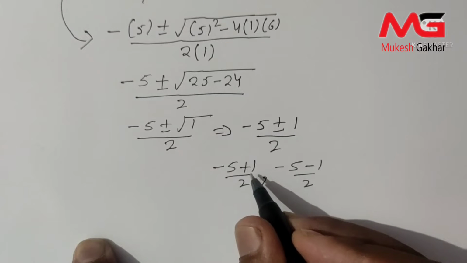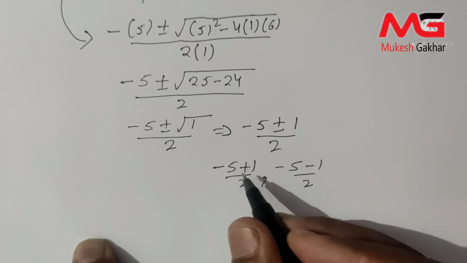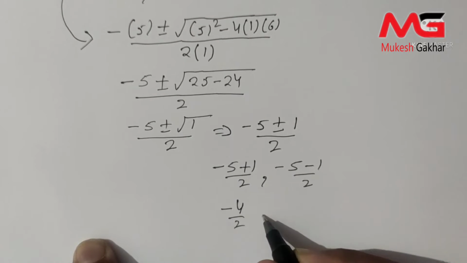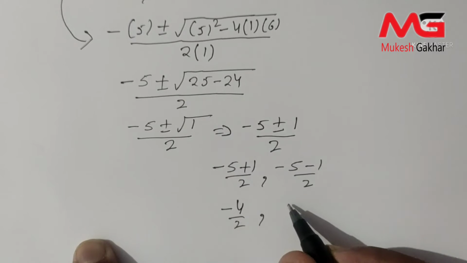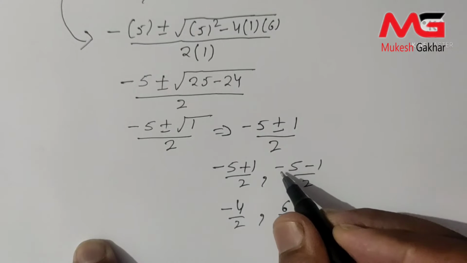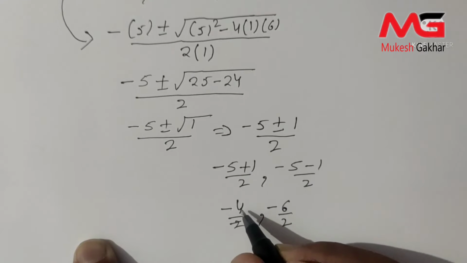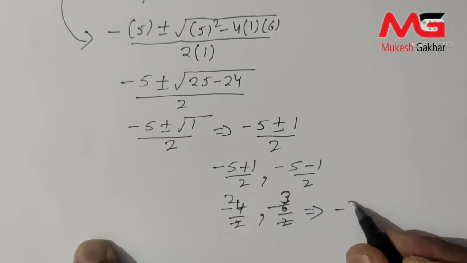So minus 5 plus 1 is minus 4 upon 2, and here minus 5 minus 1 is minus 6 upon 2, and the sign will be minus. When you cut 4 by 2 it will be 2 and 6 by 2 it will be 3. So the answers are minus 2 comma minus 3.